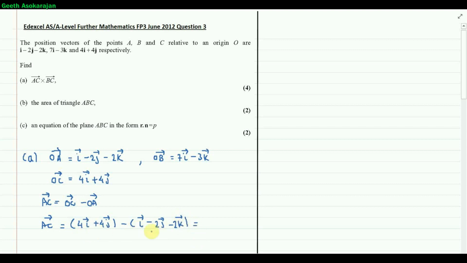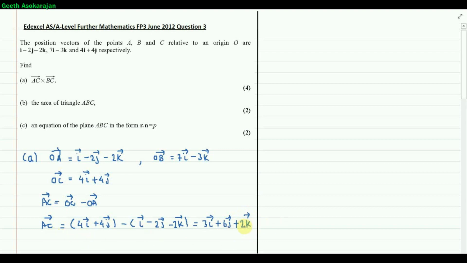Now if I add the like components, firstly the i components, 4i minus i, that would be 3i. Let's add the j components, so be careful: 4j minus minus 2j would be plus 6j. And finally the k components, minus into minus 2k would be a plus 2k.